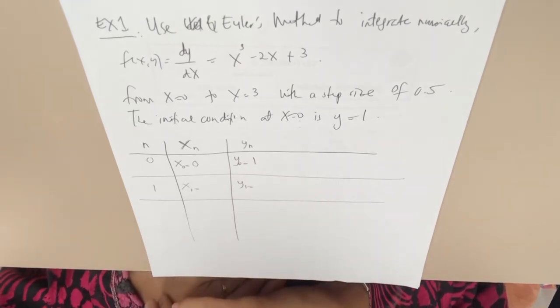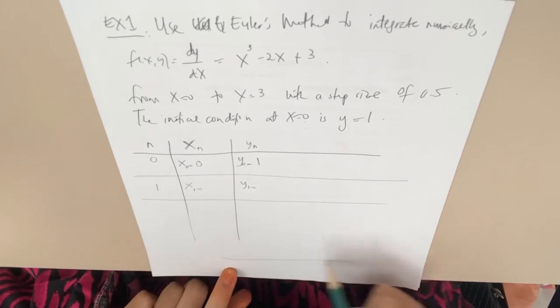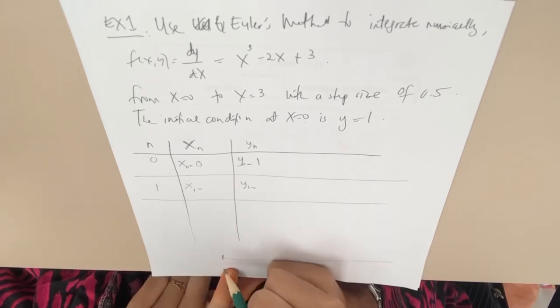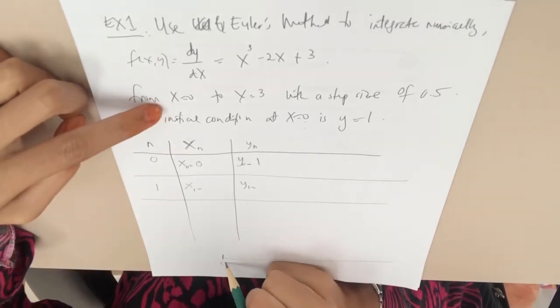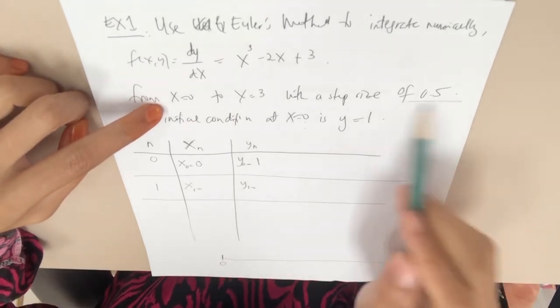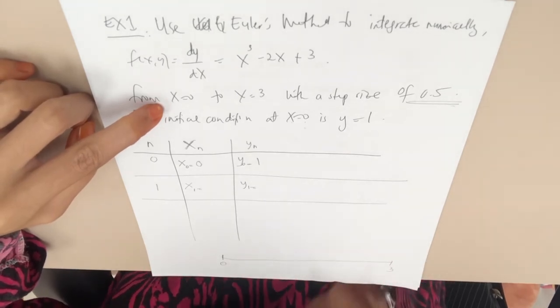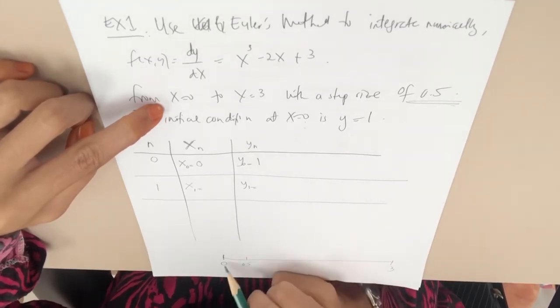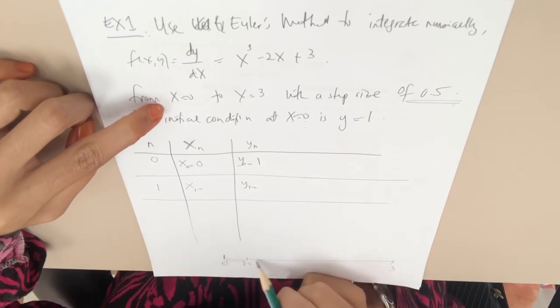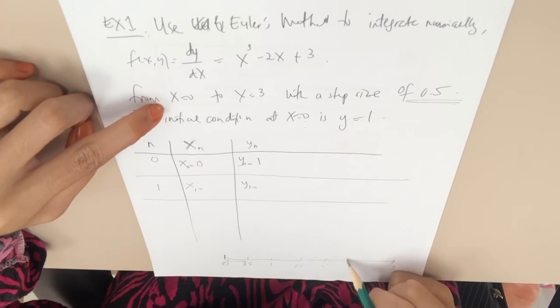X just refers to your step size. Just now I drew a line for X. The initial is at 0 and you will end at X3, and the step size here is 0.5. So from the initial point to the next point is 0.5, and then the next one you just add 0.5 again.